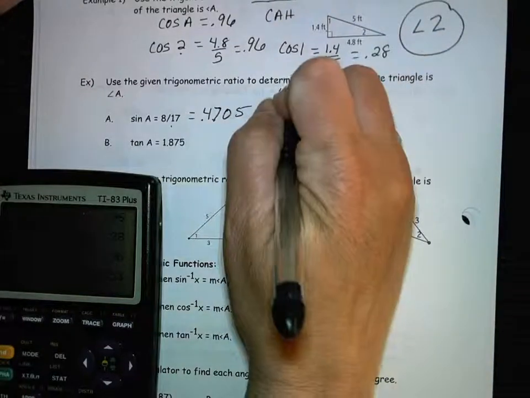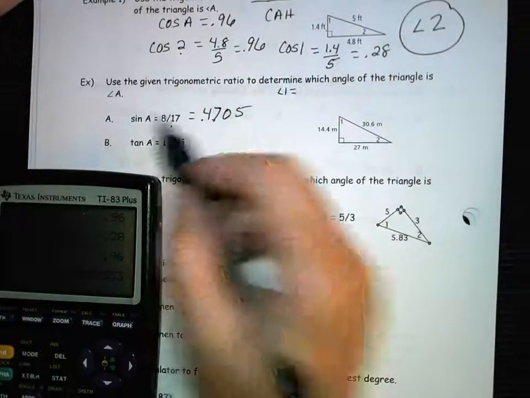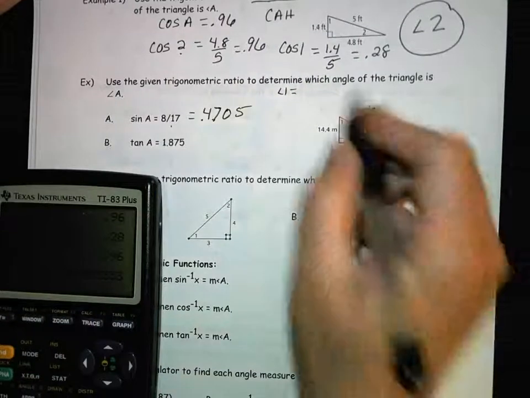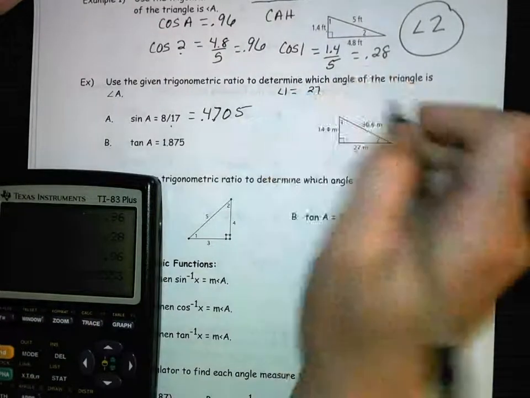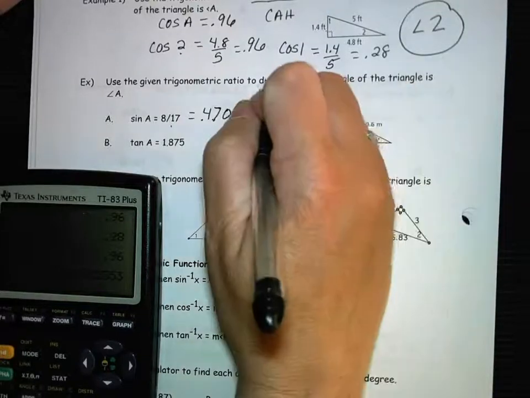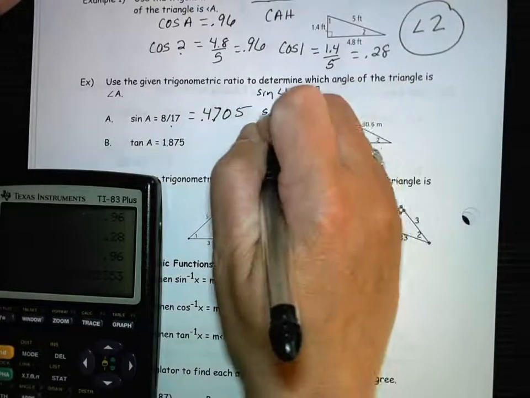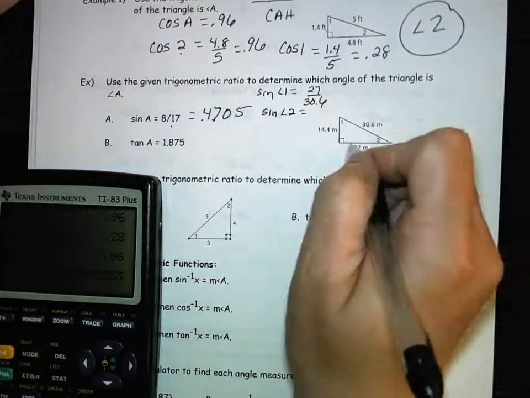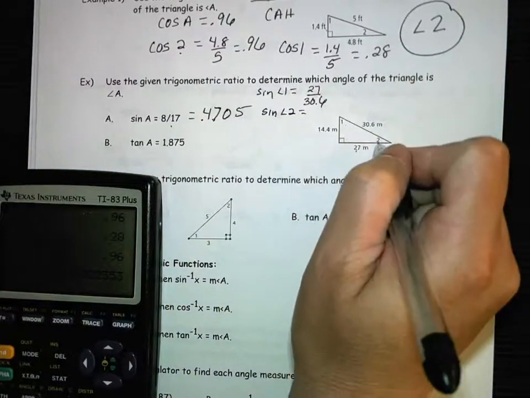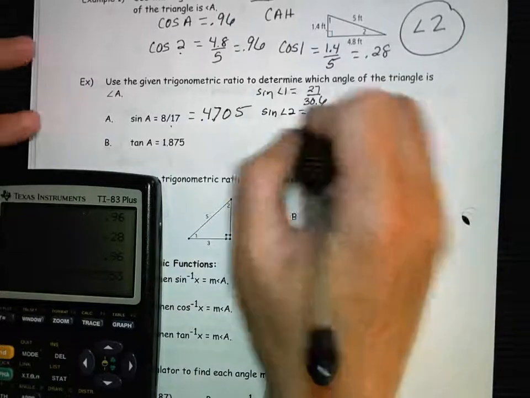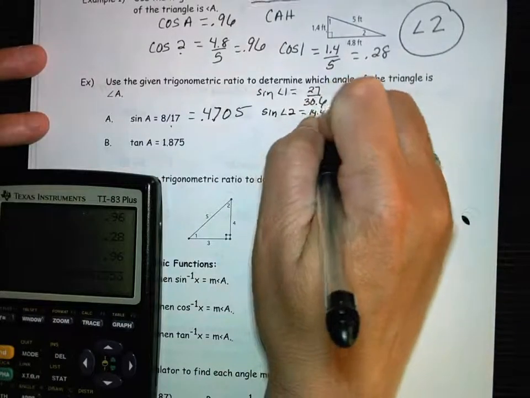Well, if we are talking angle 1, sine of angle 1 is opposite over hypotenuse, which would be 27 over 30.6. And the sine of angle 2 will be opposite over hypotenuse, which is 14.4 over 30.6.